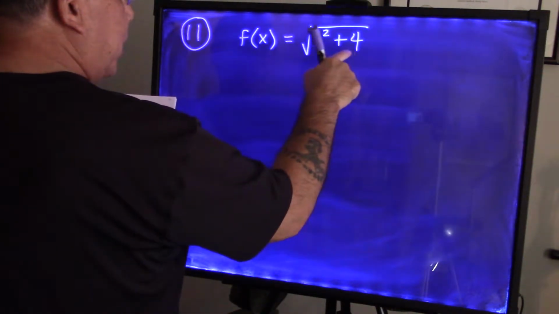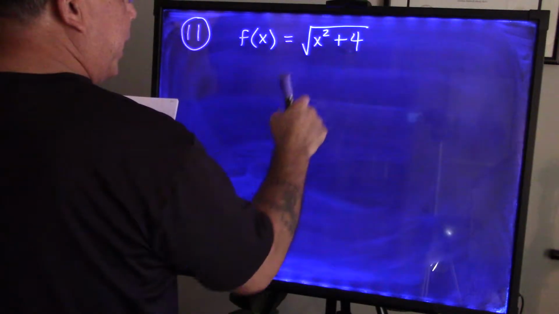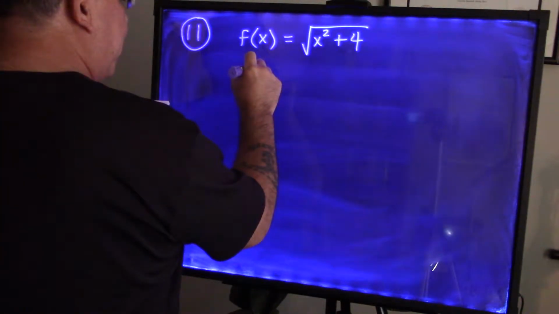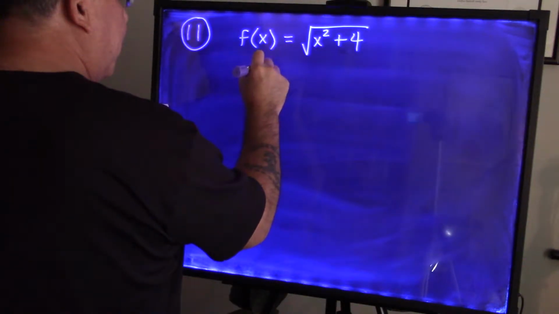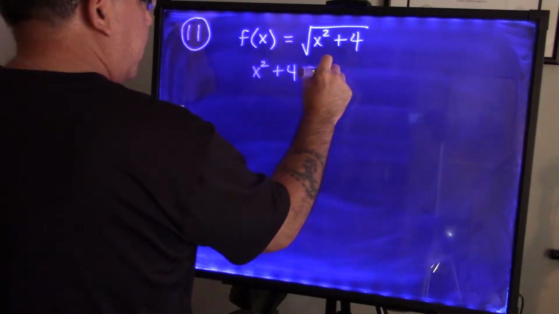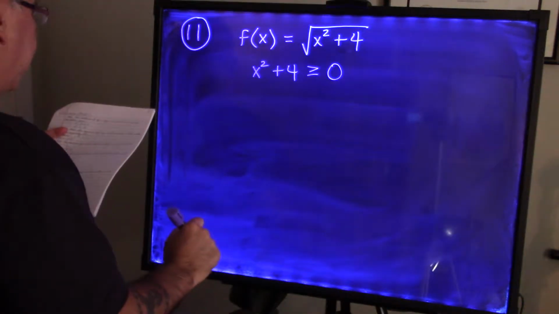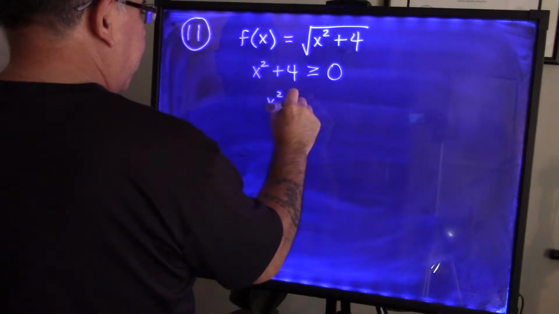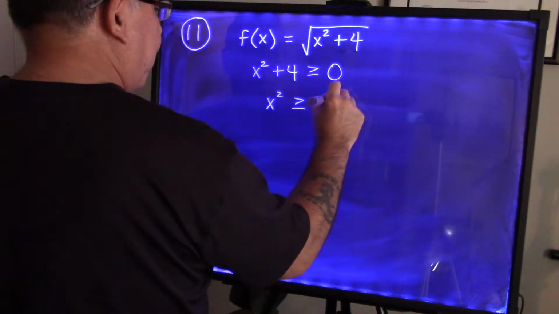So to get the domain, set this radicand, the expression that's under the radical, in other words, greater than or equal to 0. And then solve for x. So we have x squared is greater than or equal to negative 4.